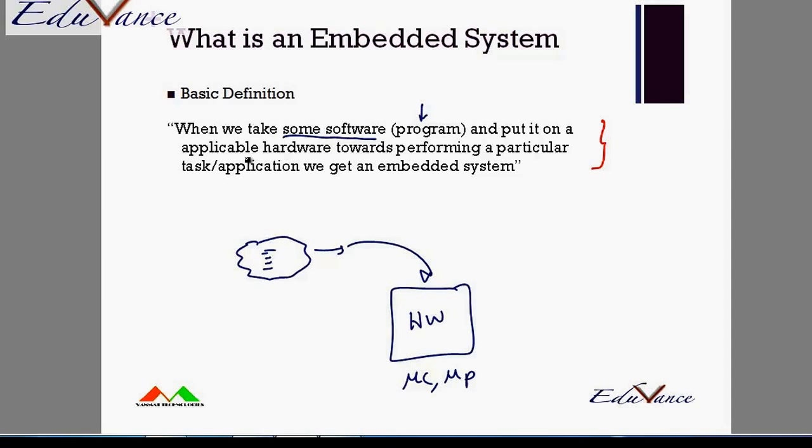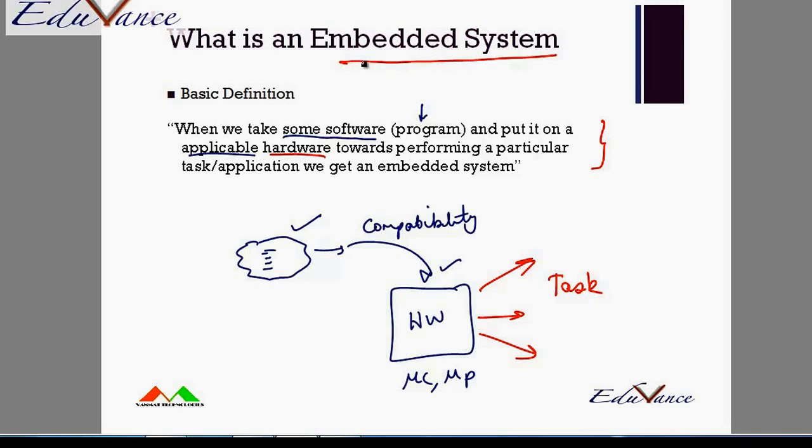The reason why I use the word applicable is because not all software fits on all hardware. You have to see the compatibility. So if I take some software and I put it onto applicable hardware to perform a particular application or task, then what I get is an embedded system.